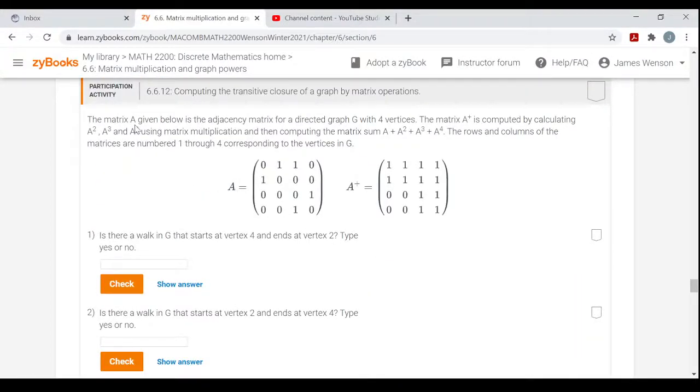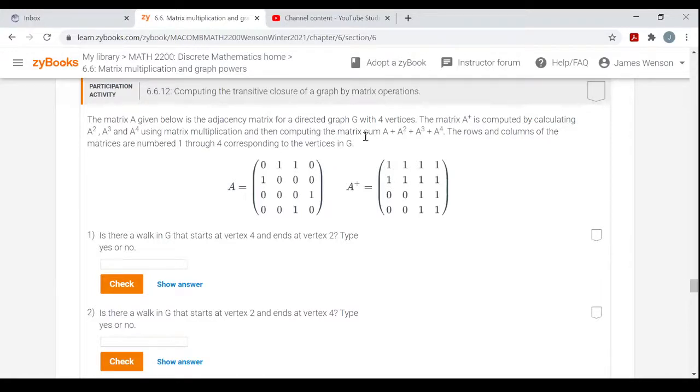So for example here, the matrix A given below is the adjacency matrix for a directed graph G with 4 vertices. The matrix A plus below is computed by calculating A squared, A cubed, and A to the 4th. And again, you don't have to go higher than the number of vertices. So if there are 4 vertices, it's a 4 by 4, you only need to go up to A to the 4th power.